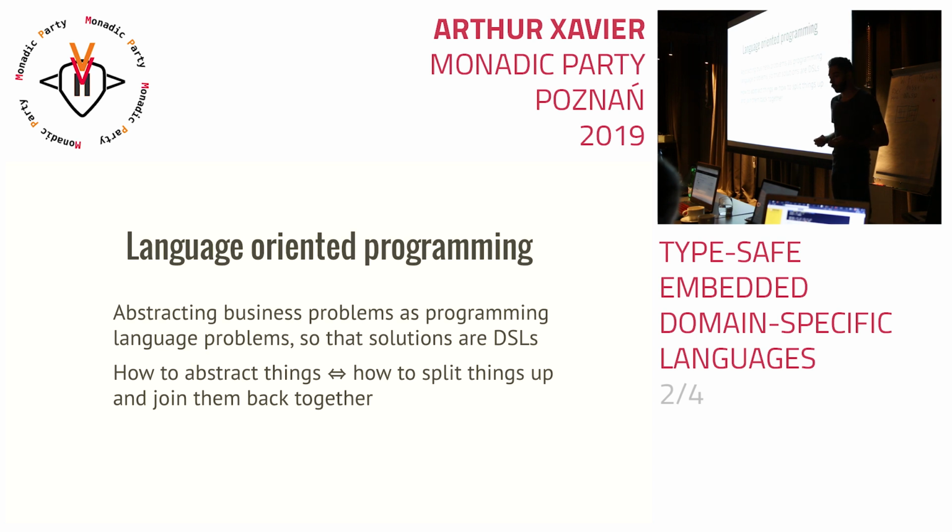You have this tool, a DSL, and you try to frame things in that. Your capacity of abstracting things depends directly on how exactly you're going to split things, and your ability to split things depends on how exactly you're going to join them back together again.